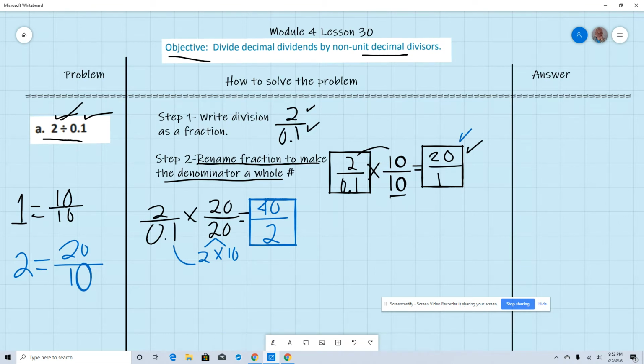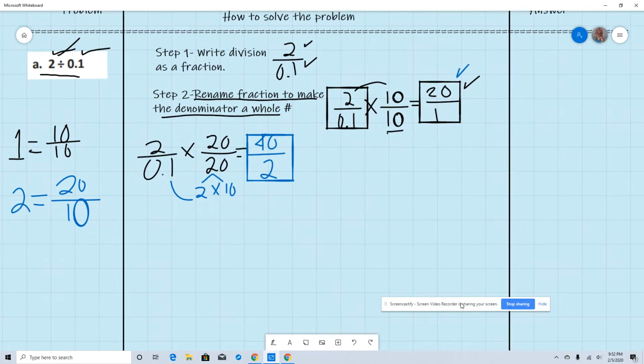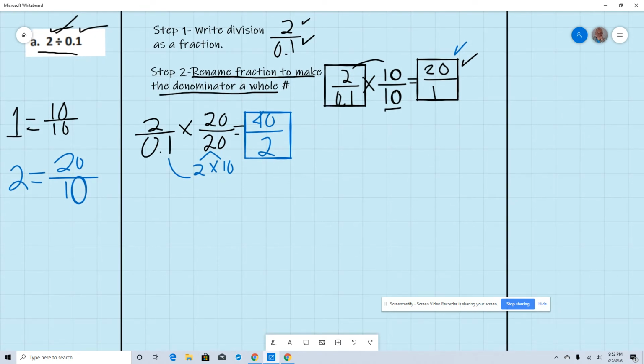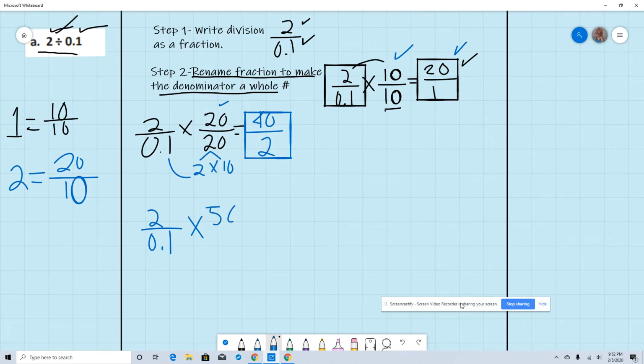All right, let's try one more. Let's move this up here a little bit. Let's say we're going to now use 2 over 1/10. What will be another number that we can multiply it by? If you pay attention to what we're doing, we're using multiples of 10. How about we do 50, just for the sake of it?